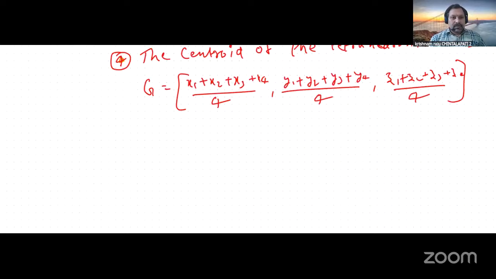Right? So in our syllabus, we have the tetrahedron and the centroid of triangle ABC.